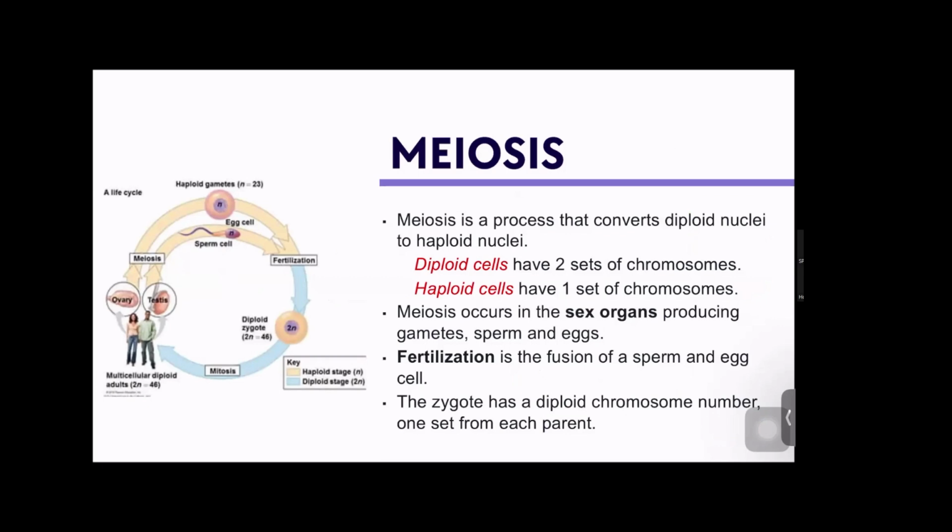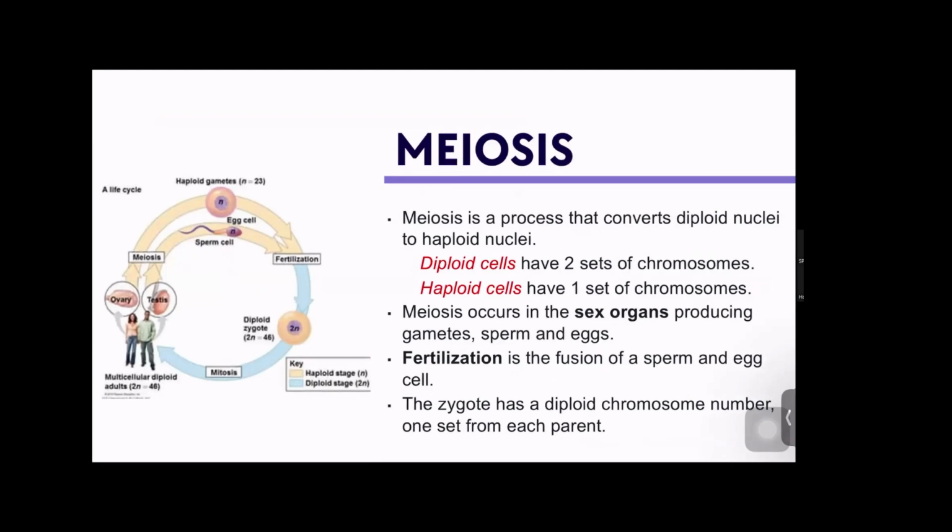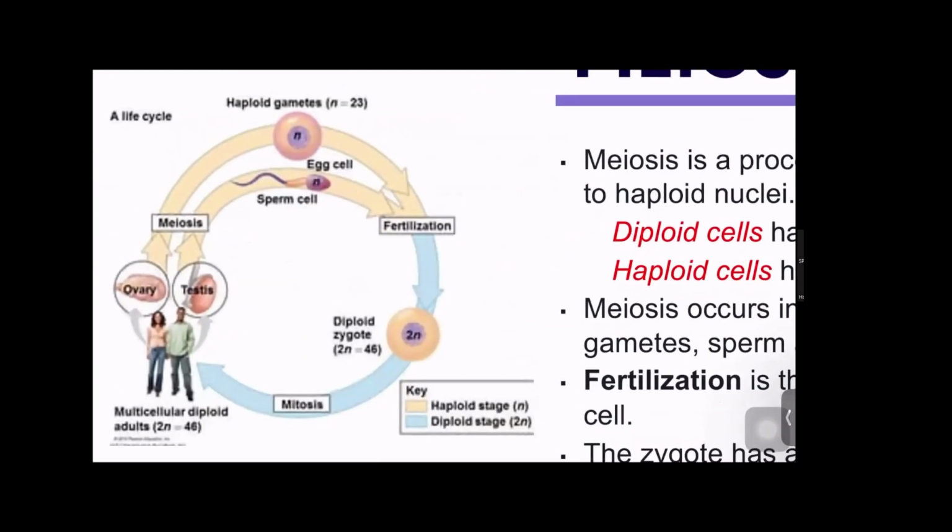Konting recap lang sa na-discuss natin kanina, your diploid cells have two sets of chromosomes while your haploid cells have only one set of chromosomes. Your meiosis occurs in the sex organs producing again gametes, your sperms and eggs. Through fertilization, class, let's focus on this illustration.